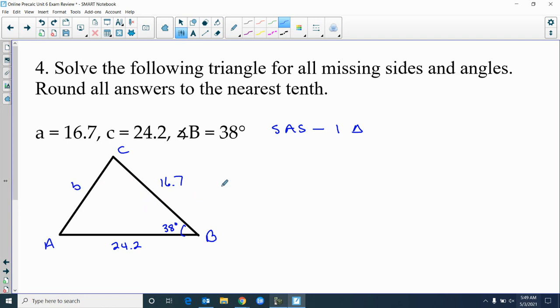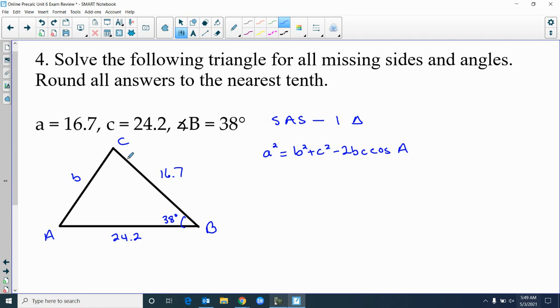All right, when you have a side angle side, from what you learned, we can only solve for side B using law of cosines. That is our only option to begin with. Now, law of cosines, the formula you got on your sheet says a squared equals b squared plus c squared minus 2bc cosine of A. Well, there's 3 different forms because I could make the a squared a b squared, just flipping everything around.